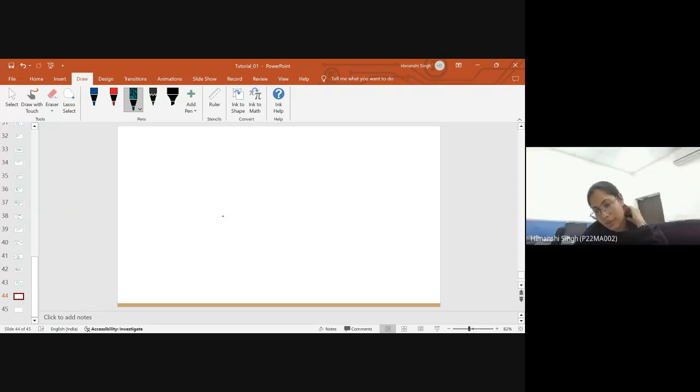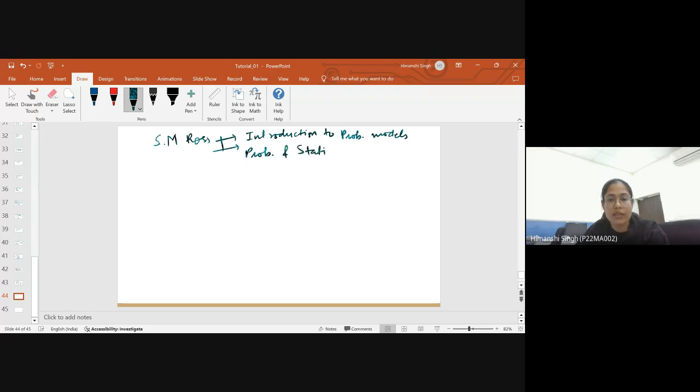Okay. If you go to the more applicative side of probability and statistics, a very basic book is by S. M. Ross. There are two books actually: Introduction to Probability Models, and the other one is Probability and Statistics for Engineers.